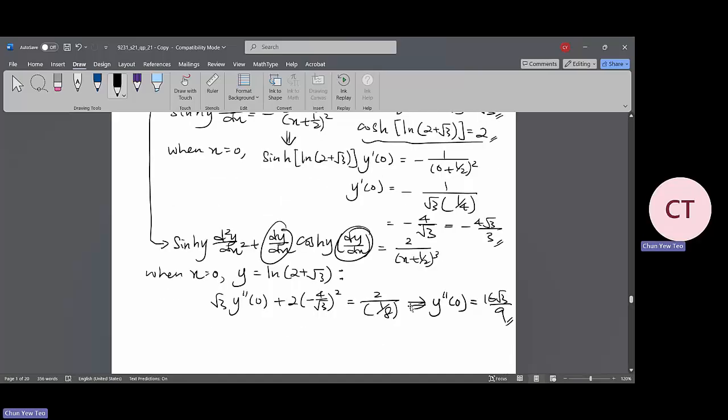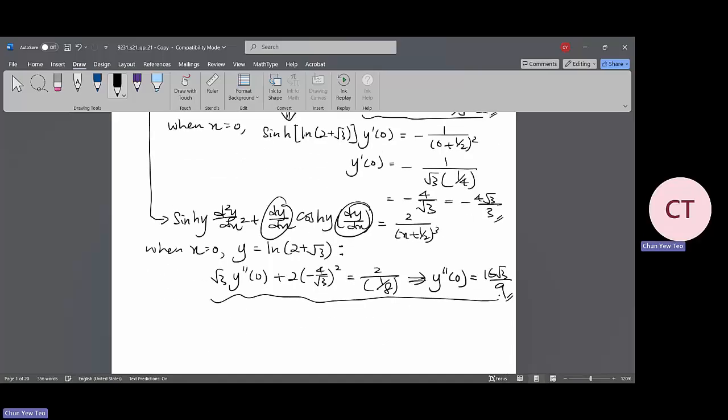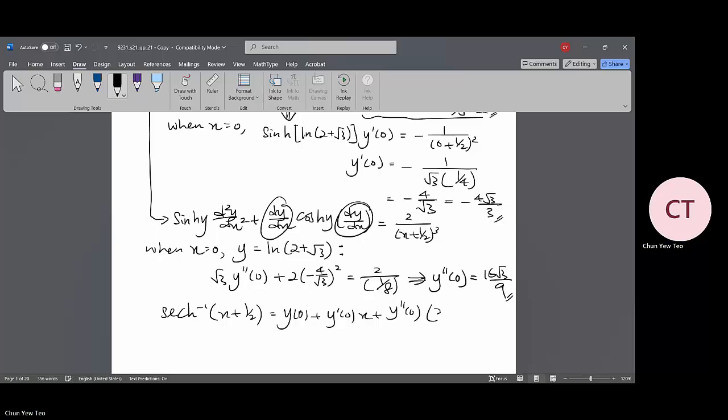This one you press it yourself. You'll get the answer y double prime of 0 is 16 root 3 over 9. So therefore your function, y, will be equal to y(0) plus y prime 0 times x plus y double prime 0 times x squared over 2 factorial plus dot dot dot.